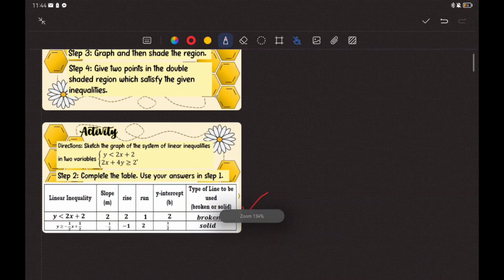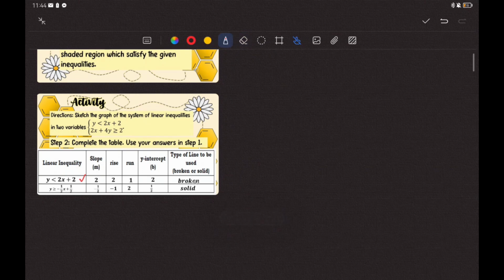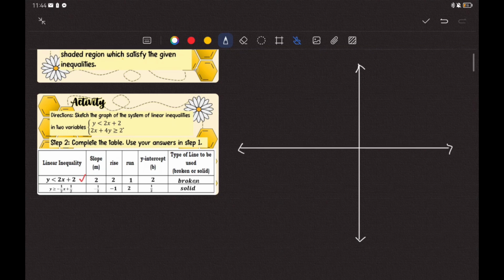So let's graph first, the first one. So first we have our y-intercept is 2.